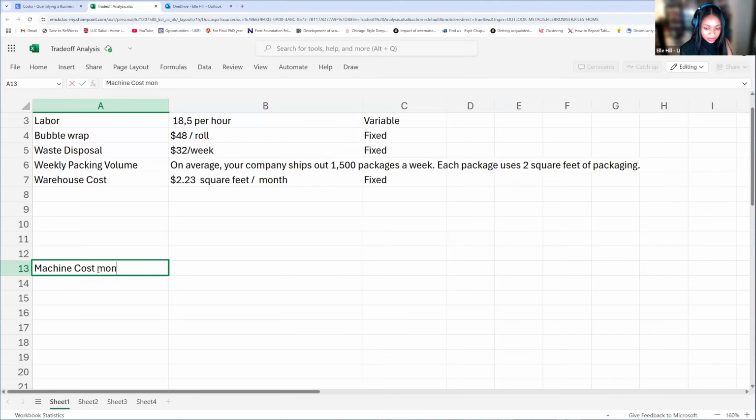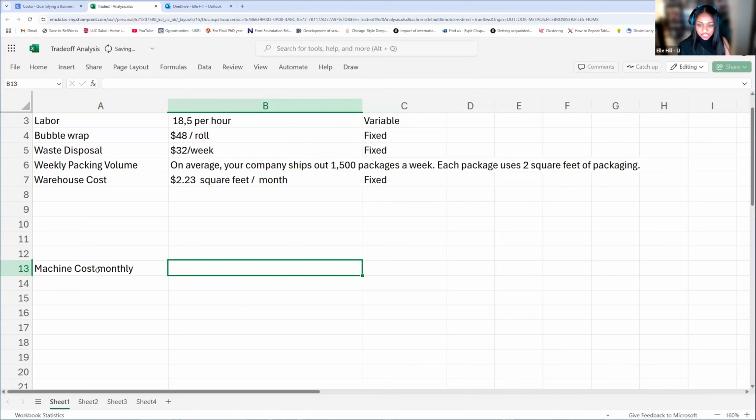The machine is going to be 25 square feet. That's just what they told us. And we have to multiply this by the $2.23 per square foot every month. So for every month, that is going to be $55.75. However, this is going to be for each month.